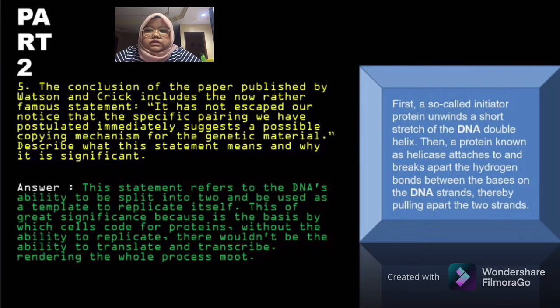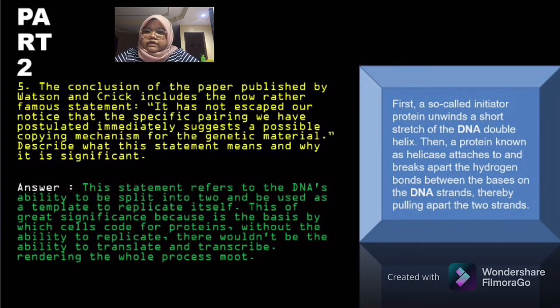So the fifth question, the conclusion of the paper published by Watson and Crick includes the now rather famous statement, "It has not escaped our notice that the specific pairing we have postulated immediately suggests a possible copying mechanism for the genetic material." Describe what this statement means and why it is significant.